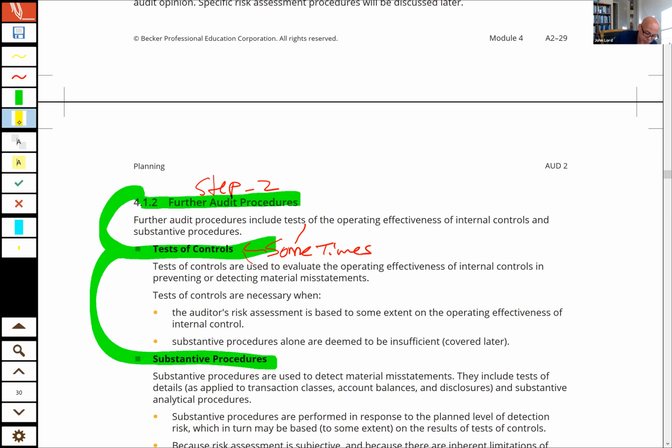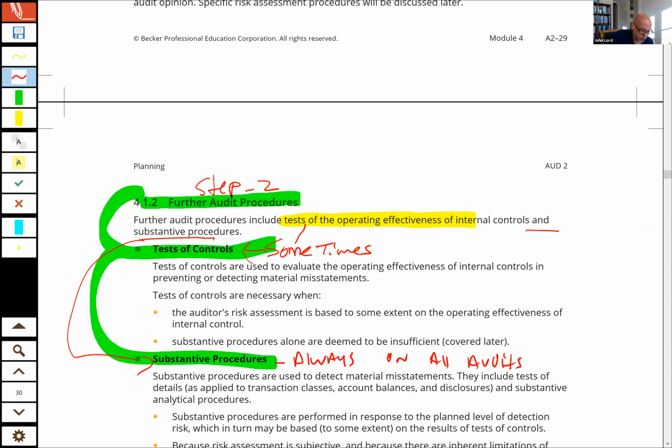Sometimes we will test the operating effectiveness of internal controls. Now notice down here, they tell us what? We will also do substantive procedures. And you can see that there, substantive procedures. And we do those what? We do those always on all audits. You must do substantive procedures.